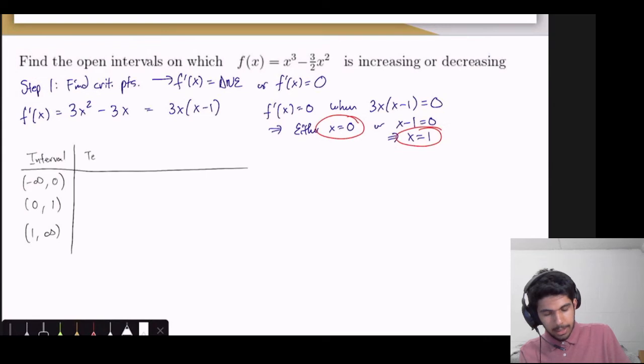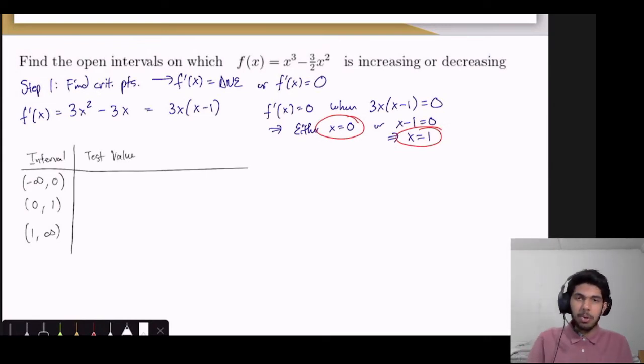Now, we have a test value. So this is what I was describing: we found the critical points. Now we have to determine, to the left and right, is the function increasing or decreasing? So a better way of putting that is now we've encapsulated these intervals. Let's just take a random value within that interval and see if the function is increasing or decreasing there.